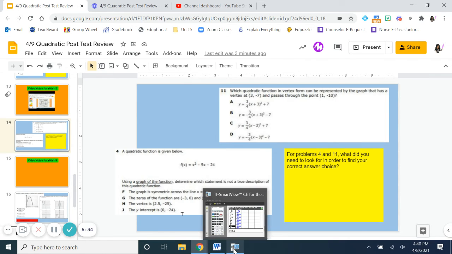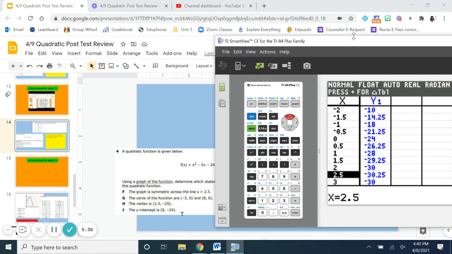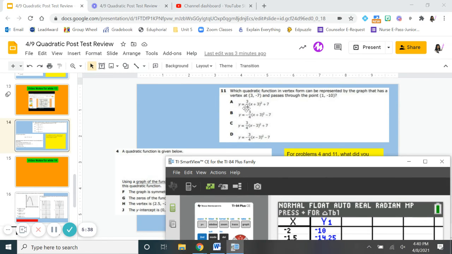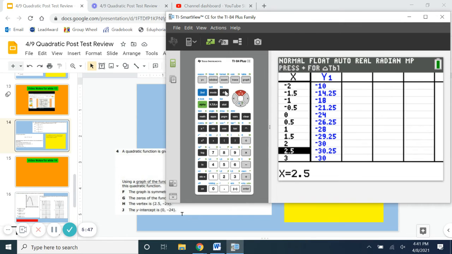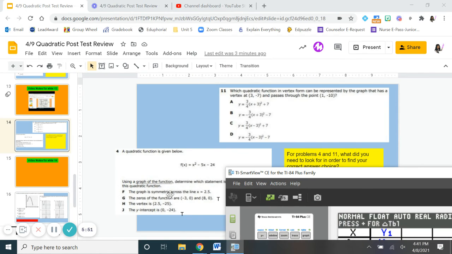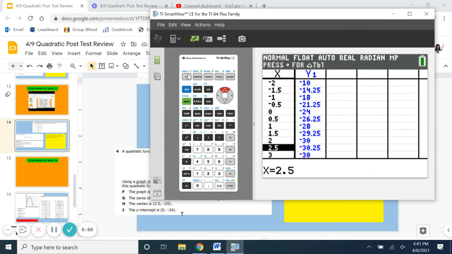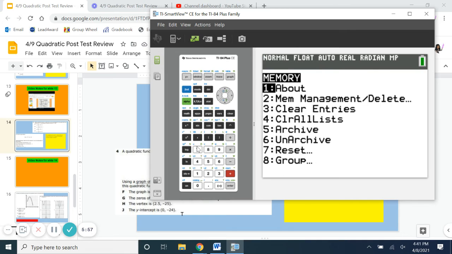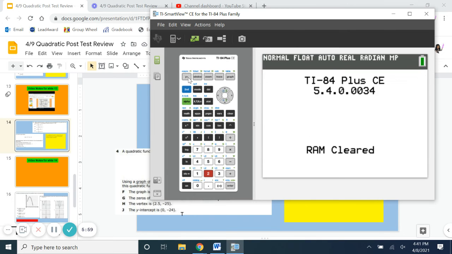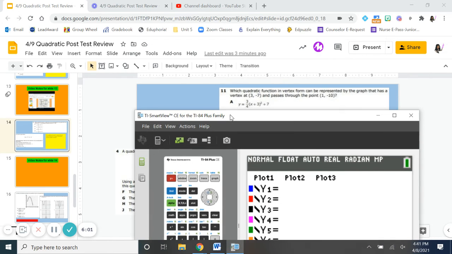So when I go through here, I'm basically going to plug these answer choices into my calculator to see which of them has that vertex and goes through that point. So for example, like on number 4, we plugged in the equation to see which of those characteristics matched. Okay, so I'm going to reset my calculator, and I'm going to type in that equation.